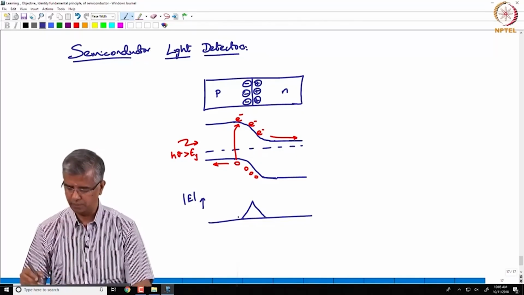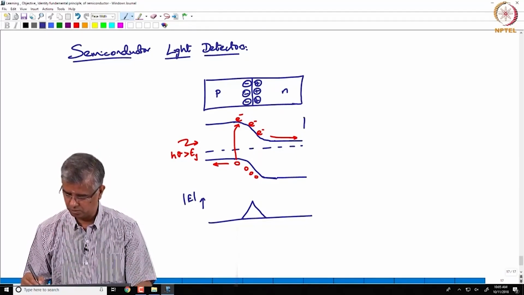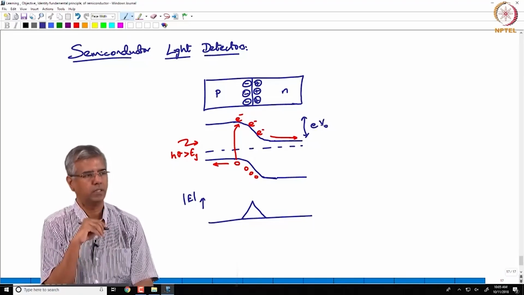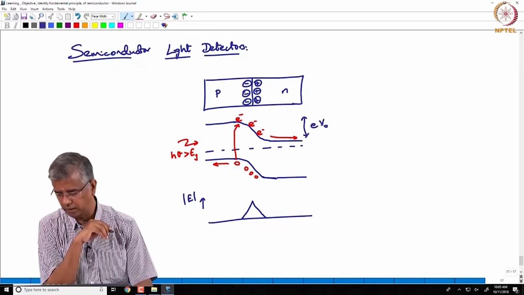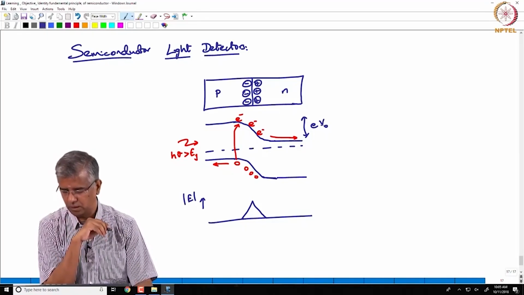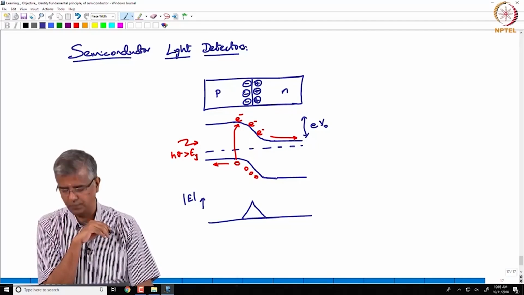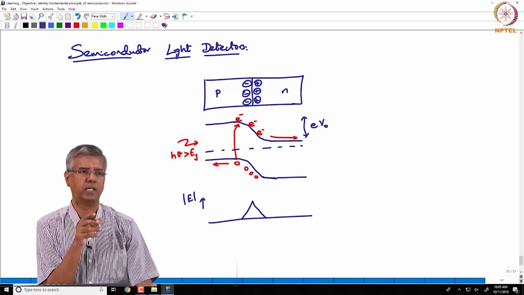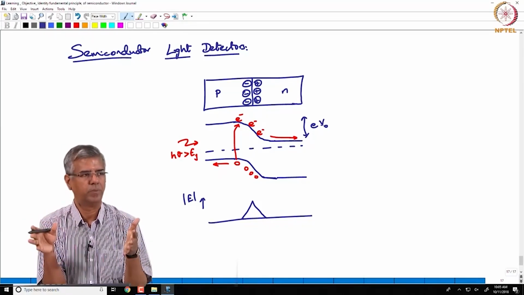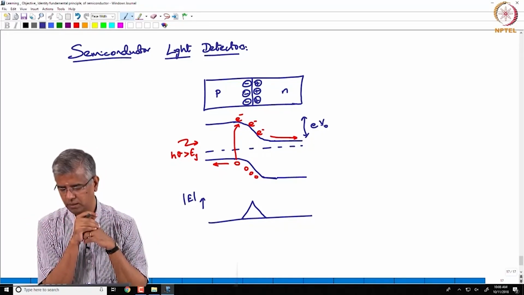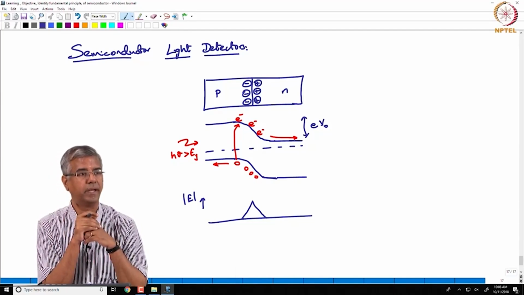And that electric field also is represented over here as E times V naught. That's basically a barrier built in there, which prevents just diffusion of electron hole pairs without any external illumination. Without any external illumination, it is all at equilibrium, so there is no transfer of charges across that barrier.